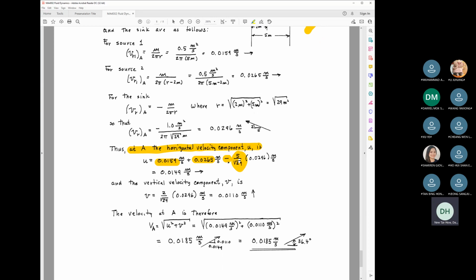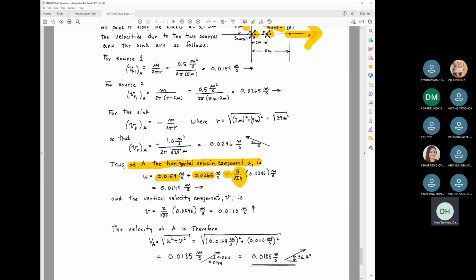I think for CAs, in fact for any assessments, if you're more comfortable using things like the sine rule or cosine rule to solve such questions, rather than resolving them in the horizontal or vertical direction, that's fine as well.